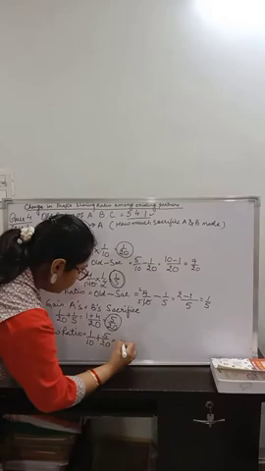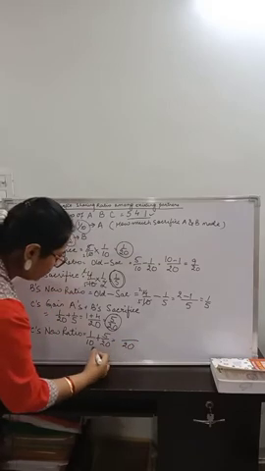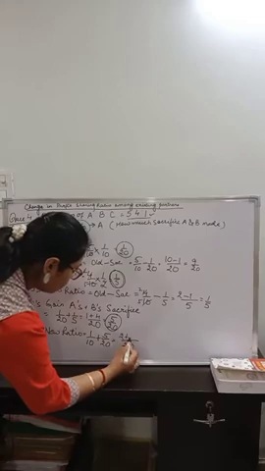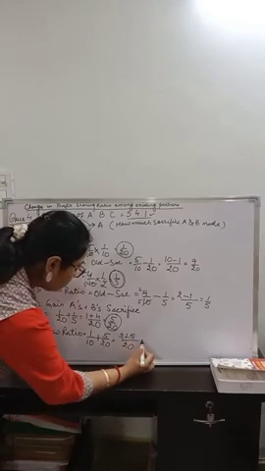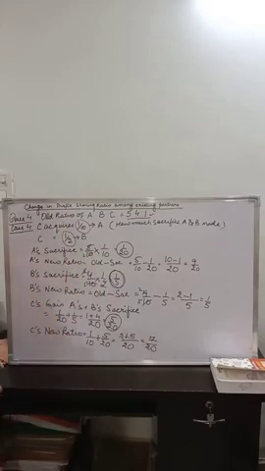Let us just simplify this and this will be 7 by 20. So whatever A and B have sacrificed, C has gained it.